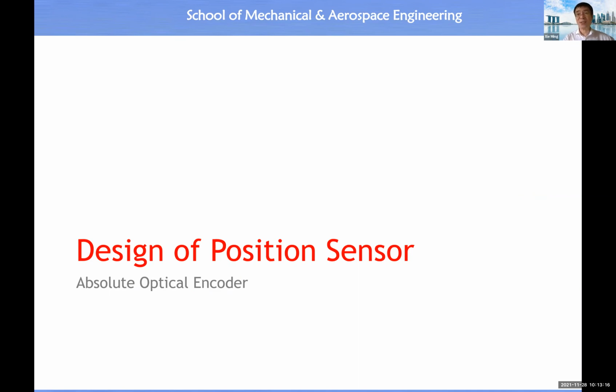The previous slide showed you the motivation for us to incorporate sensors into the body of your robot. The reason is we want to implement sensory motor interaction behavior, for example, a feedback control loop for position control, a feedback control loop for velocity control, a feedback control loop for force torque control. These are the typical examples of sensory motor interaction, and in order to achieve a sensory motor interaction, the presence of a sensor is necessary.